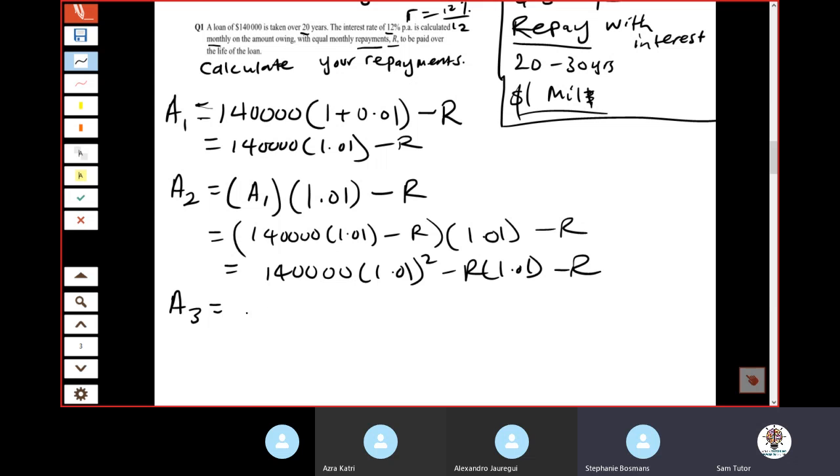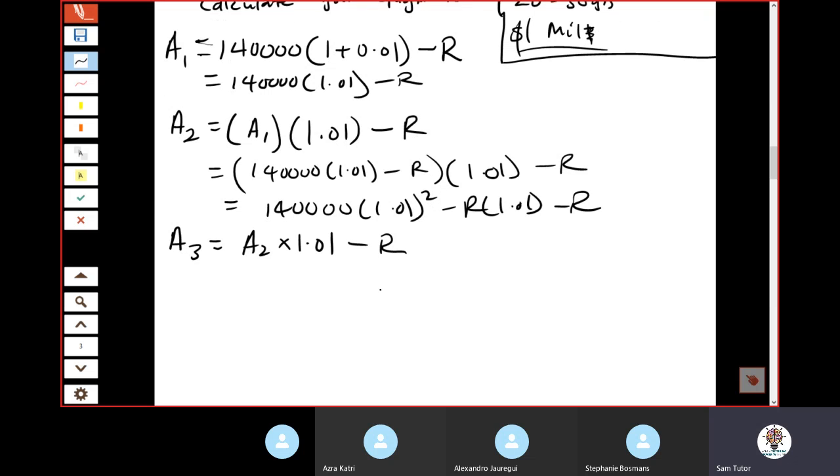So A3 is going to become A2 times 1.01, and then again minus R. A2 is all of this, so that becomes 140,000 times 1.01 cubed minus R times 1.01 squared minus R times 1.01 minus the R that I have here.